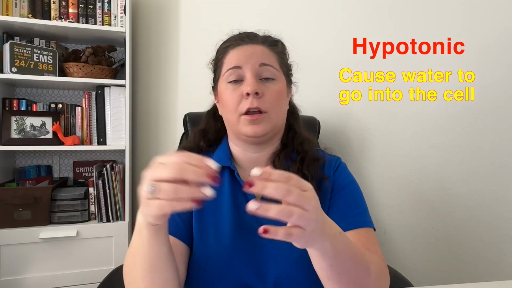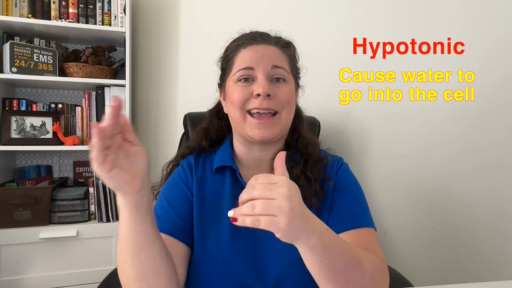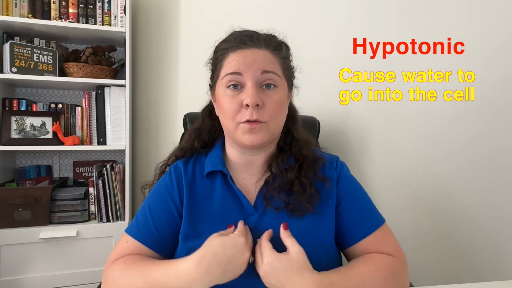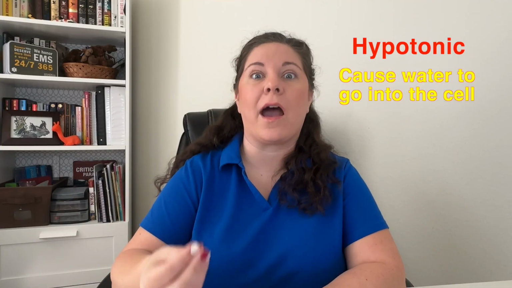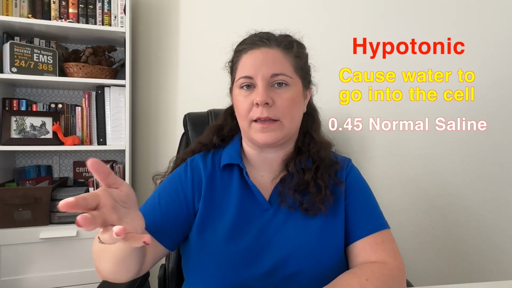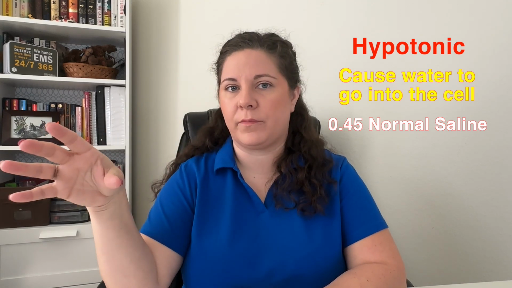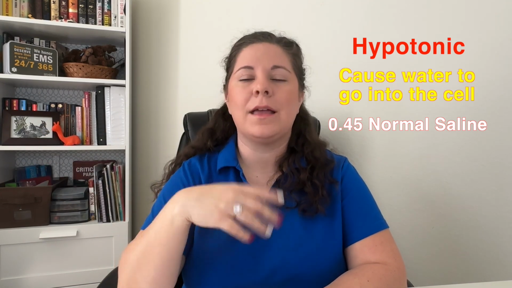If that happens to too many of our cells, we're going to go into tissue failure. Other things are going to happen. It's a cascade. It's a nightmare. So it's not very common in EMS for us to give this because it can get out of control quickly. But in the hospital, what you might see is half normal saline. So it's 0.45 normal saline instead of the 0.9. That one is a hypotonic solution.